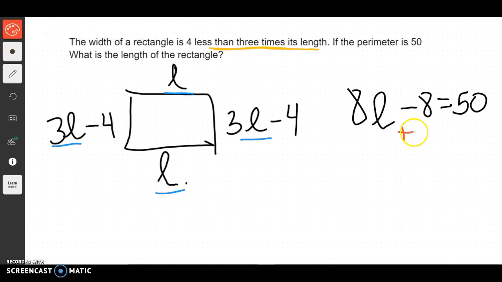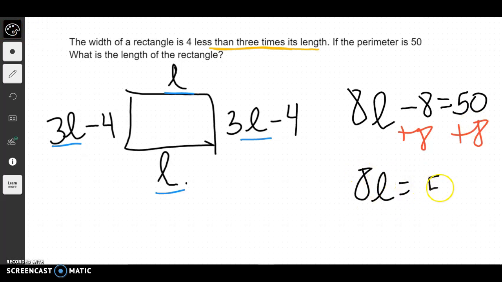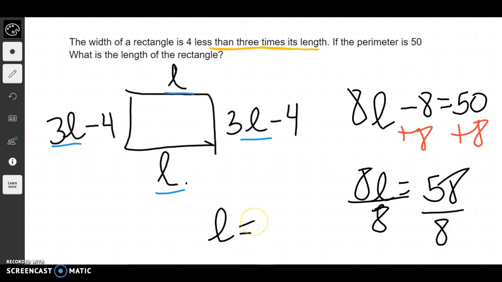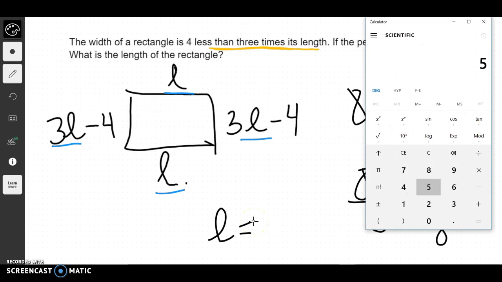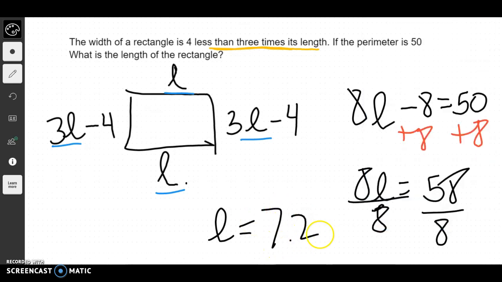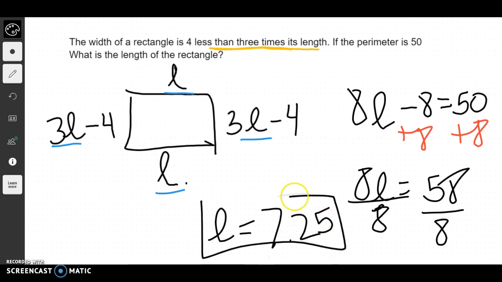We would add 8 to both sides. I would get 8L is equal to 58, and then we would divide by 8. Now this isn't going to be the nicest number, but we can use a calculator to figure it out, and we get 7.25. And that would be our answer.